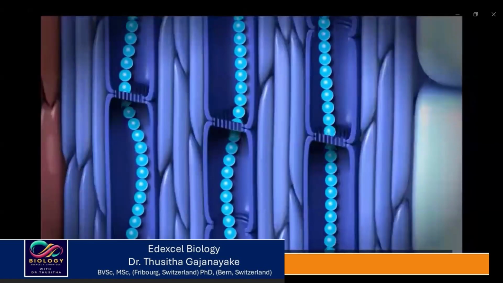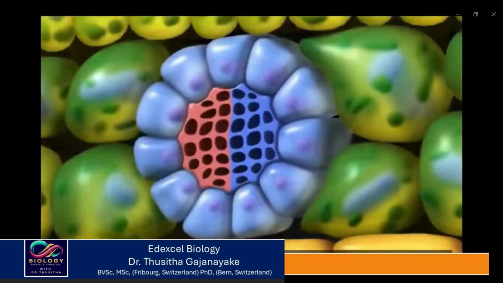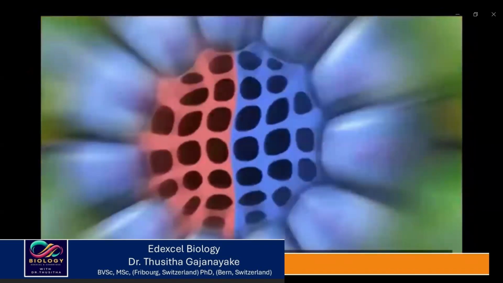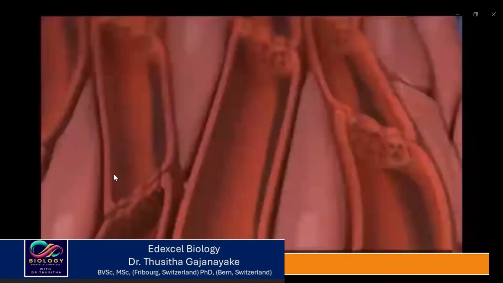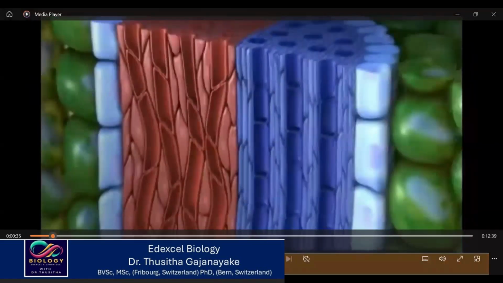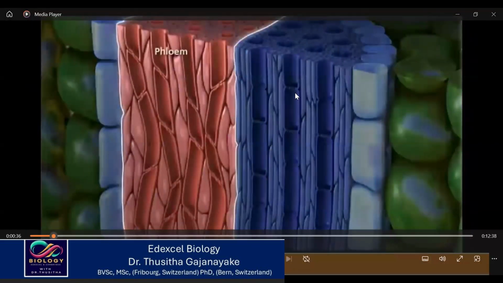Right, you can see how this animation shows how things go through xylem and phloem, and we call them the vascular bundle. Now this picture, I think it's better. Here you can see xylem and phloem together.